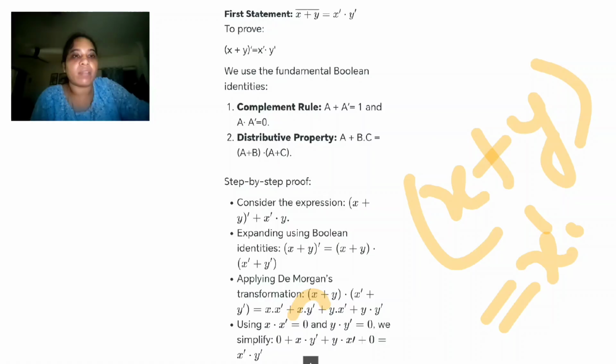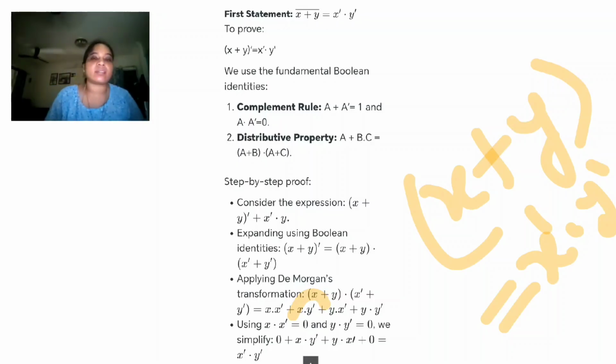Because they gave that operator plus, I'm going to change that operator to multiplication, y dash. So the same answer I got, I proved that Boolean De Morgan's theorem statement also. So the statement is true. Given the condition is true.